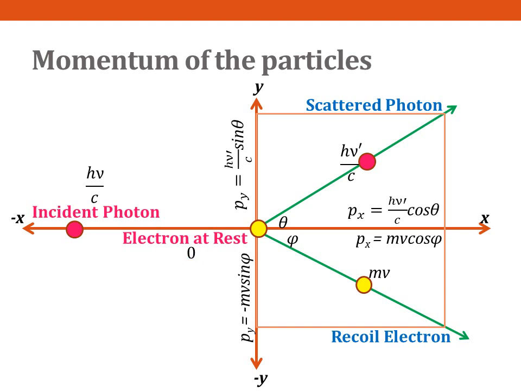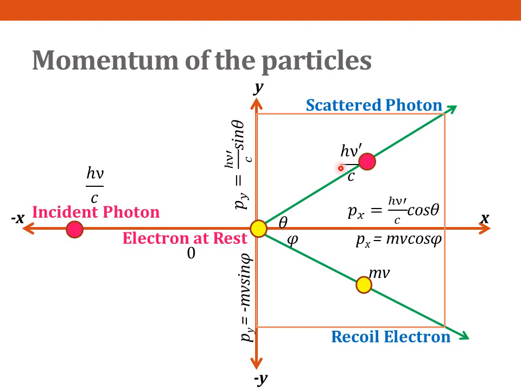Moving on to the after collision process, the particles which are present here are the scattered photon and the recoil electron. The scattered photon and the recoil electron move in the xy plane and therefore their individual momenta have to be resolved into the x and y components. The scattered photon's momentum is given by h nu prime by c.